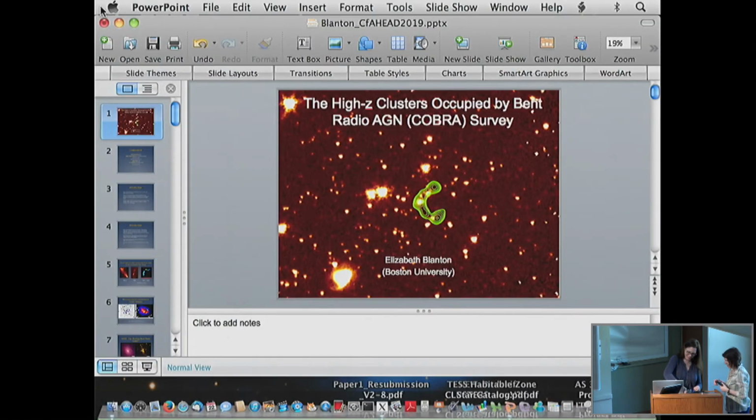AGN. Maybe. Just need to balance this. It's reaching, it's just trying to get this right. It's going to be fine. Okay. There we go.